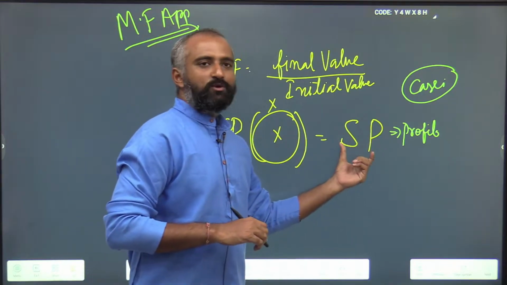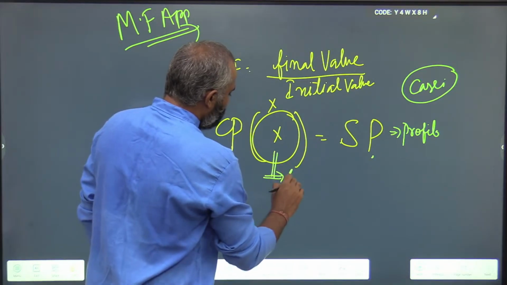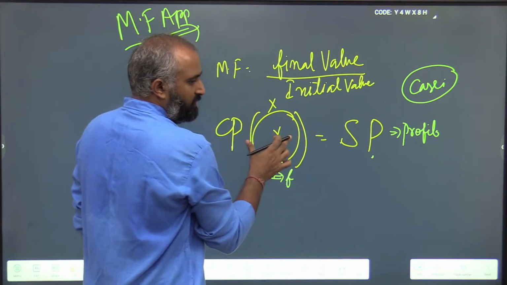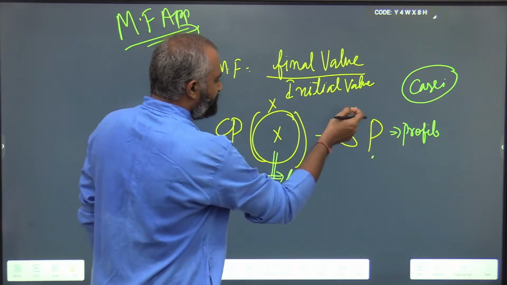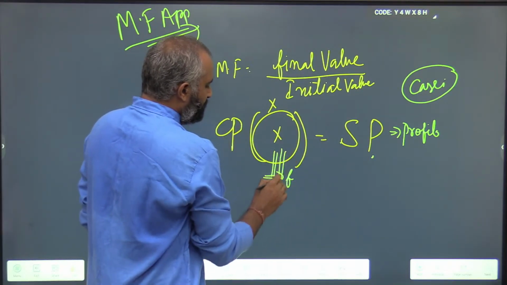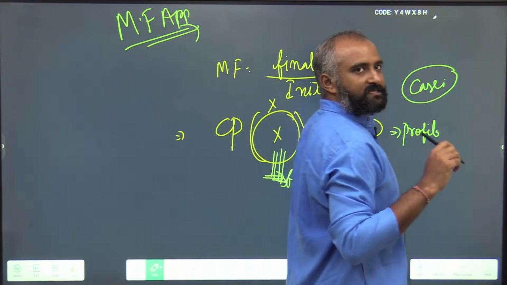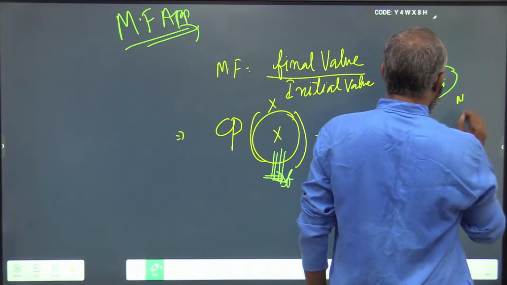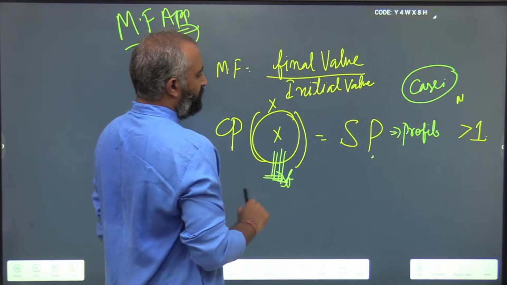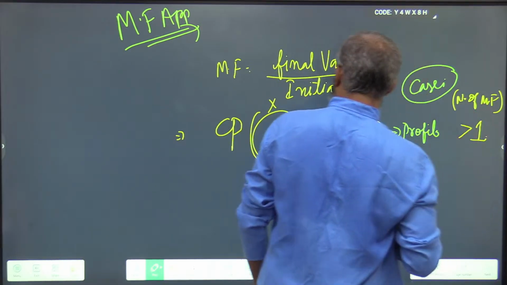For the selling price to be greater, you are multiplying your cost price with some factor which gives you a selling price much more than the cost price. Can you tell me the nature of this factor? As some of you are saying, it should be greater than 1. That is the nature of the multiplication factor.